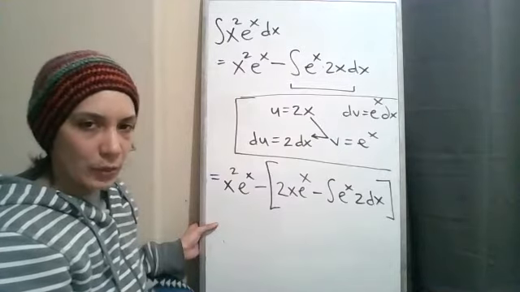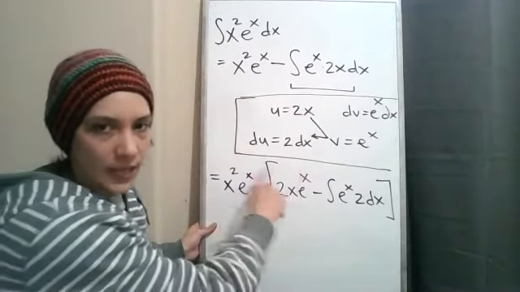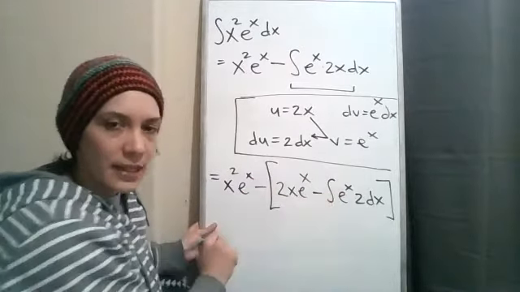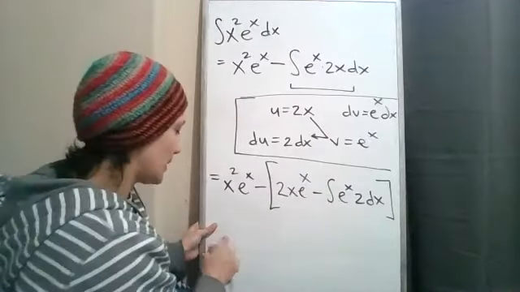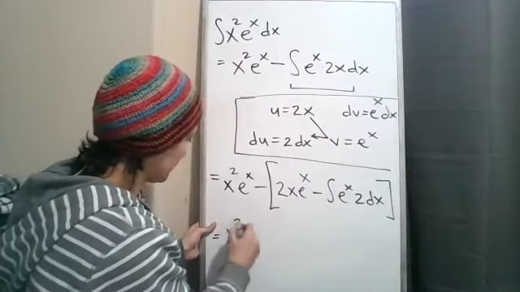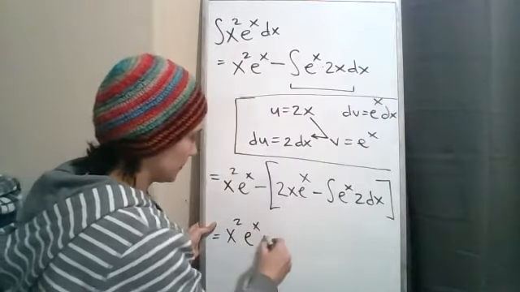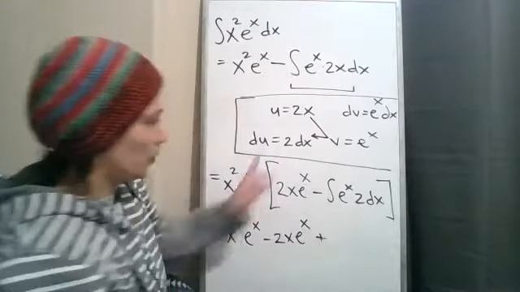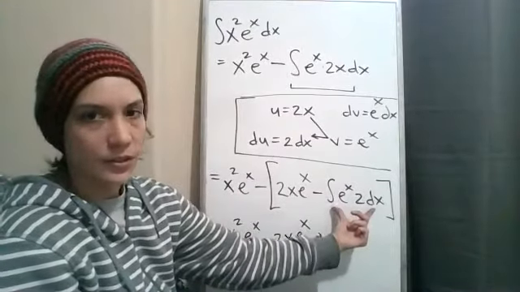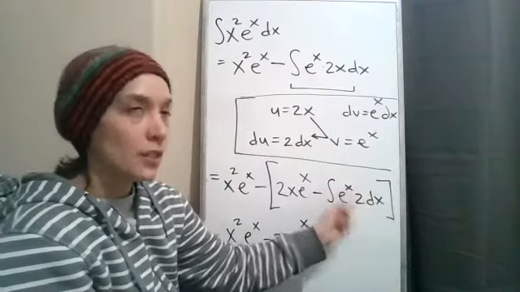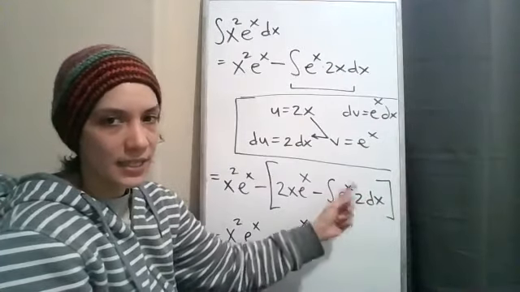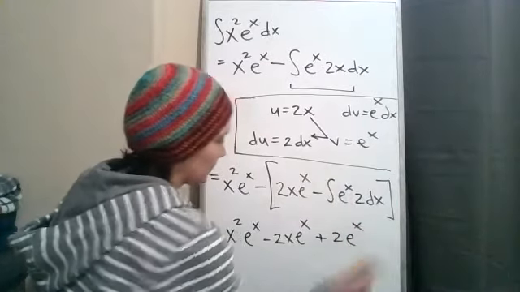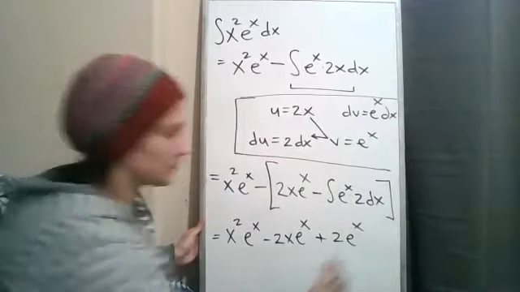I think it would help to distribute that negative sign. And now we actually can do this integral right here. And it might be done. So plus this integral, it's 2 times the integral of e to the x, so 2 times e to the x. Plus c.